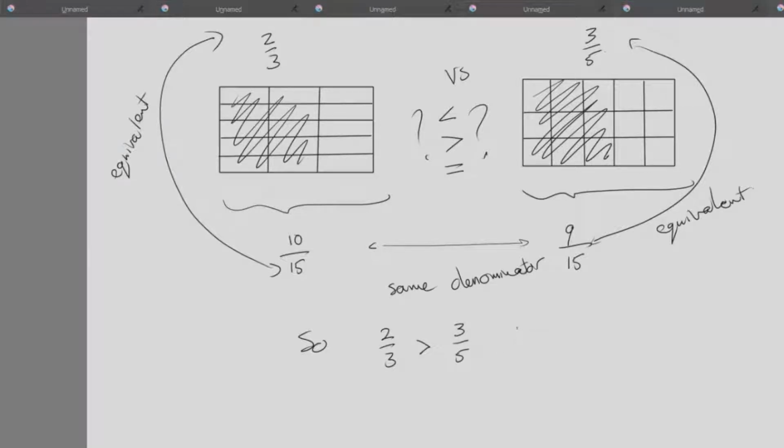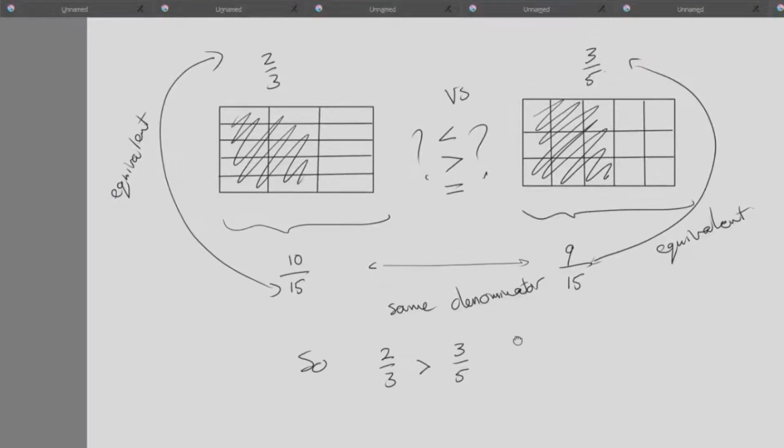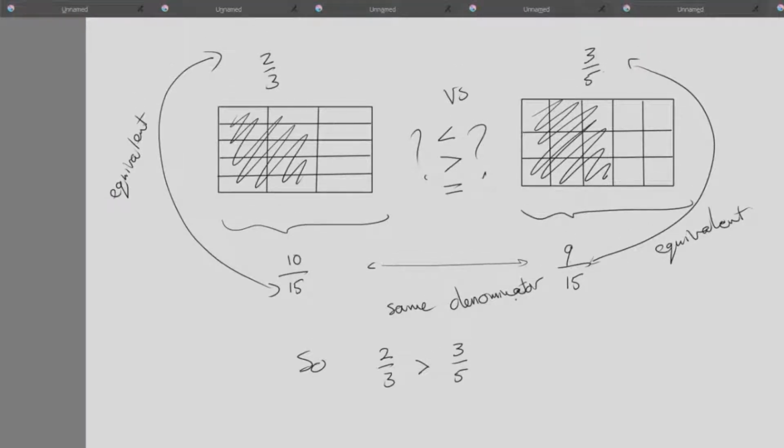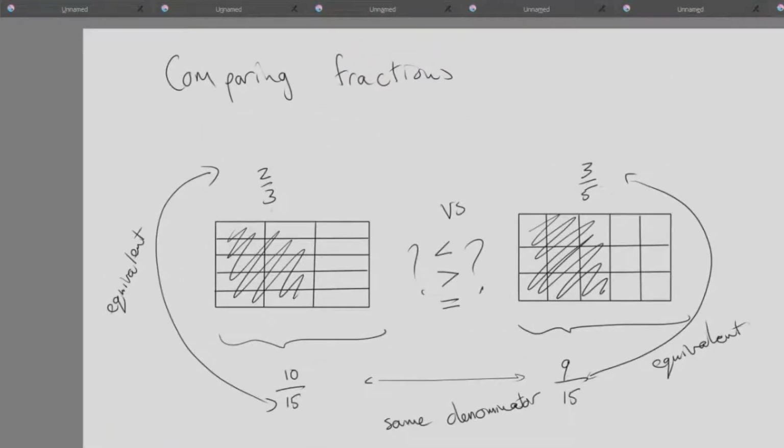So I'm still on my intuitive side because I'm using a diagram to write it into equivalent fractions with the same denominator. And it's really very simple. For the left one, it was thirds vertically. I'm using the other denominator and go horizontal. For this right fraction, I had 5 pieces vertically.